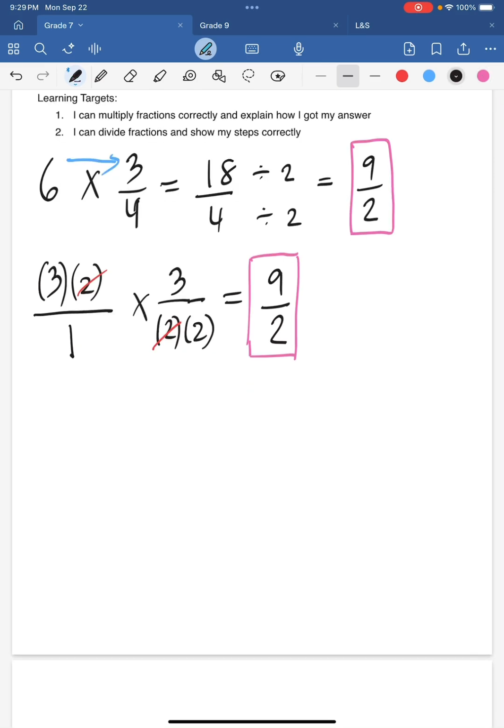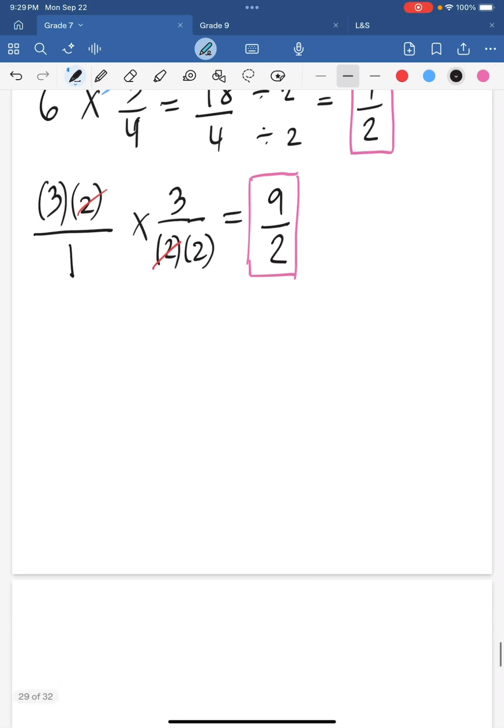For our next example, let's have a whole number being divided by a fraction. So let's have 12 divided by 5 over 6. Again, our divisor here is the 5 over 6. So 5 will become the denominator, and 6 will become the numerator.